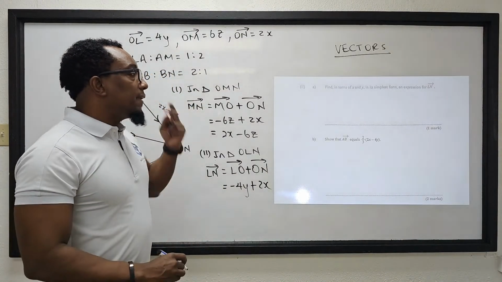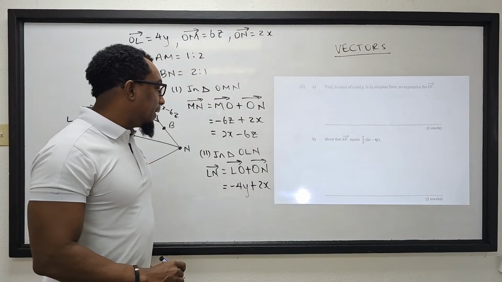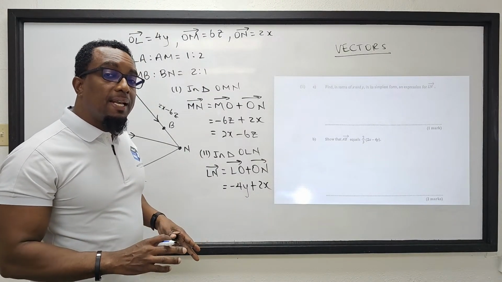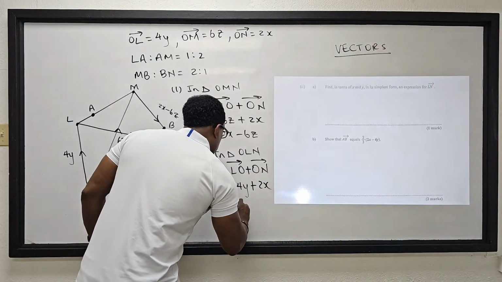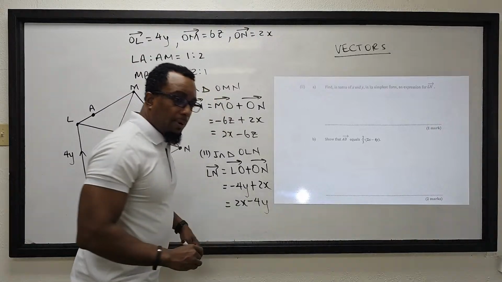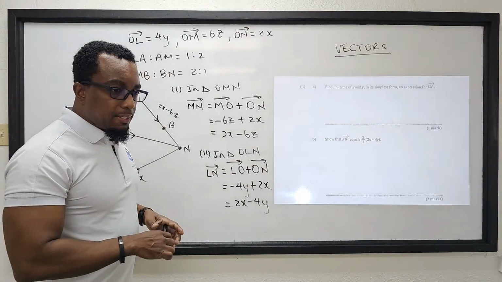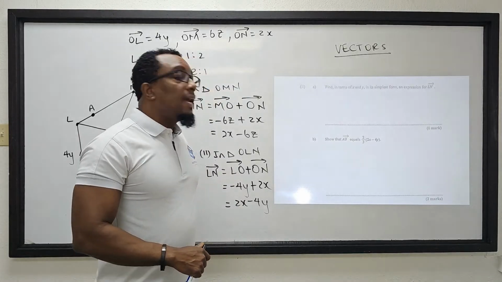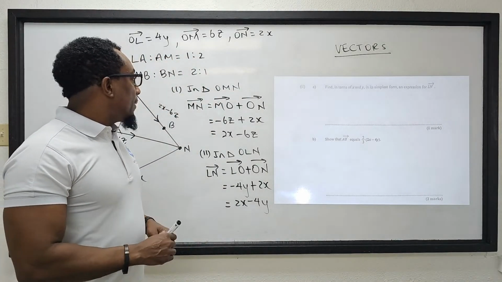So vector LN in terms of x and y will be negative 4y plus 2x, or you can write it in terms of the order of the letters of the alphabet: 2x minus 4y. Yeah? So that's vector LN.